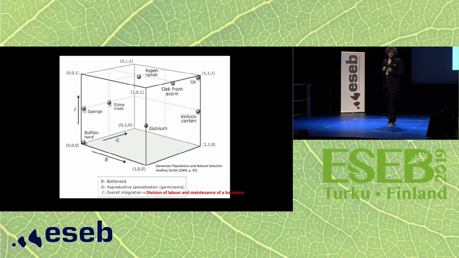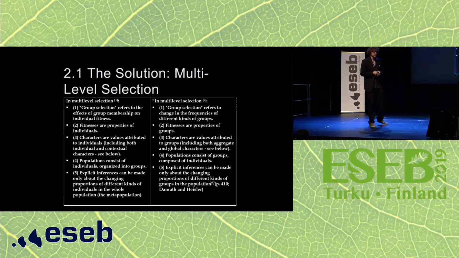Now, how can we do this? Well, Damuth and Heisler have provided us with this elegant distinction between multi-level selection 1 and multi-level selection 2. And this, I hope, puts to rest many of these disputes in the group selection debate. In multi-level selection 1, group selection refers to the effects of group membership on individual fitness, and fitness here is a property of individuals.